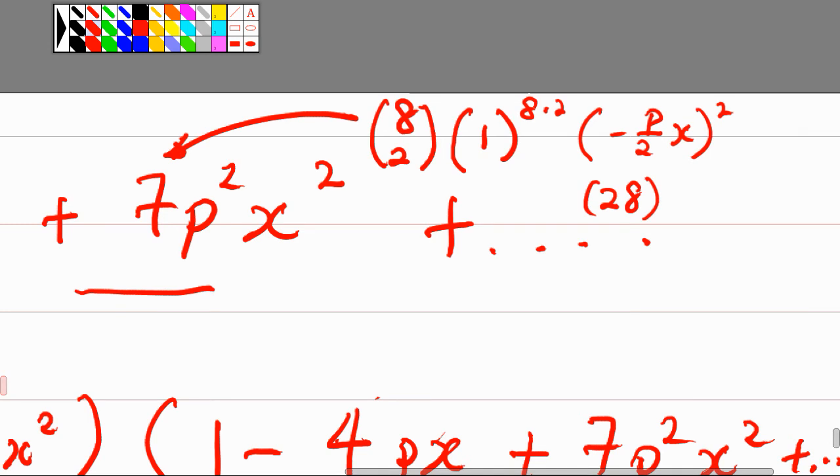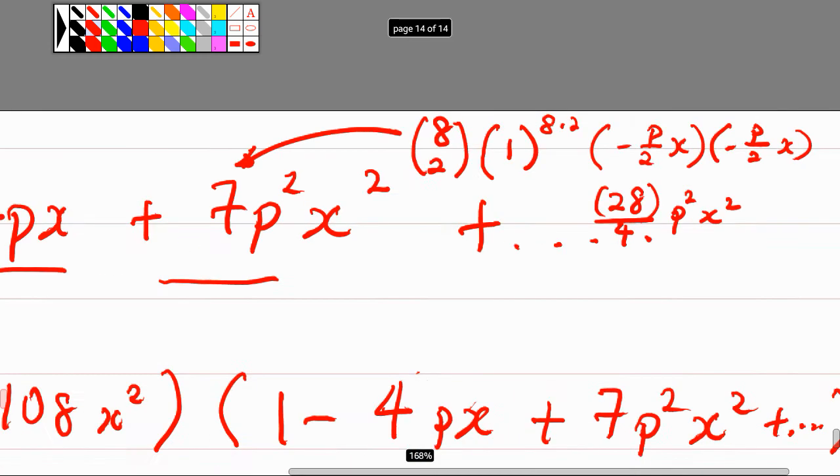The square must multiply by everything inside: minus p over 2x times itself, minus times minus is plus, p times p is p squared, x times x is x squared, half times half is over 4. So this is 7p squared x squared. So 7 is correct.